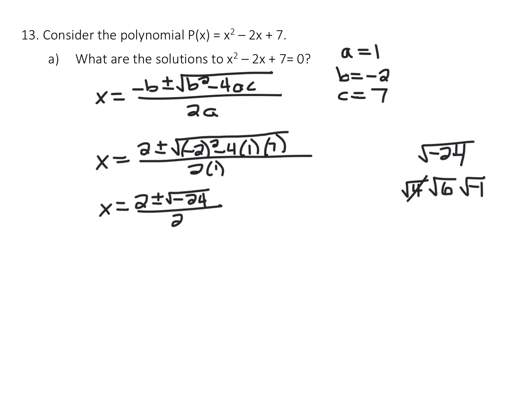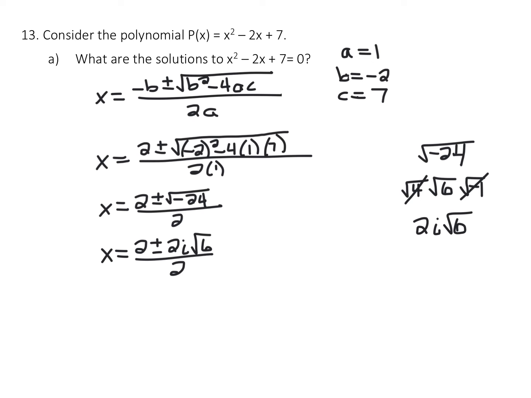Now we know the square root of 4 is 2. The square root of -1 is i, and I'm going to bring down the radical 6. So now we have x equals 2 plus and minus, and I'm going to take this 2i radical 6 and replace it for the negative radical 24. And we know that whole thing is over 2.